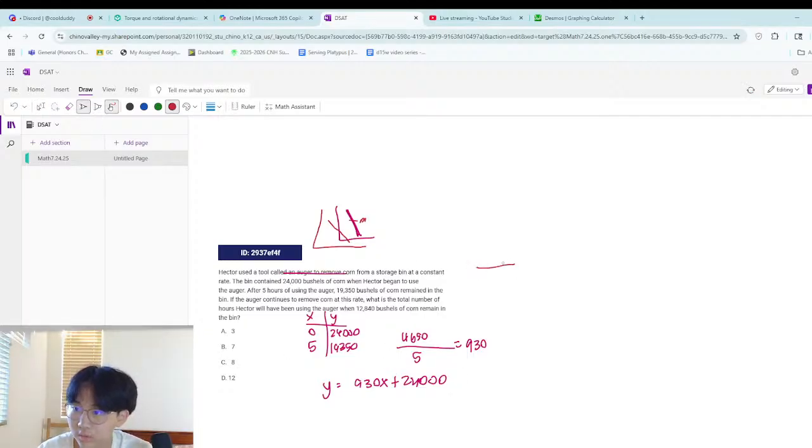Well, it's y2 minus y1 over x2 minus x1. And we get 4,650, so 24,000 minus 19,350 over 0 minus 5. So we get this equation right here.